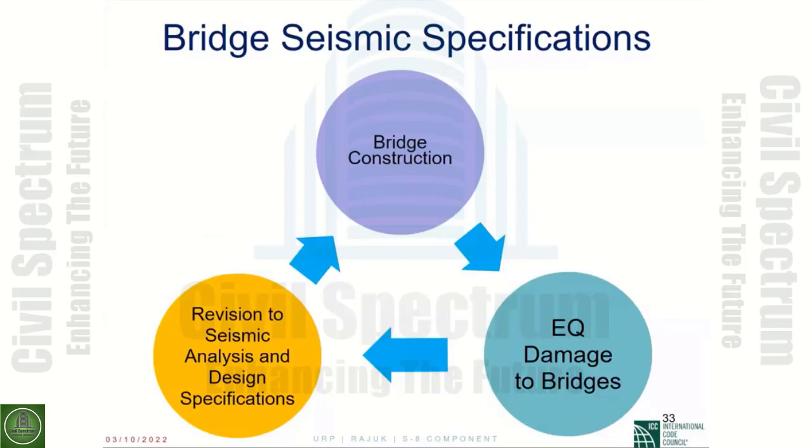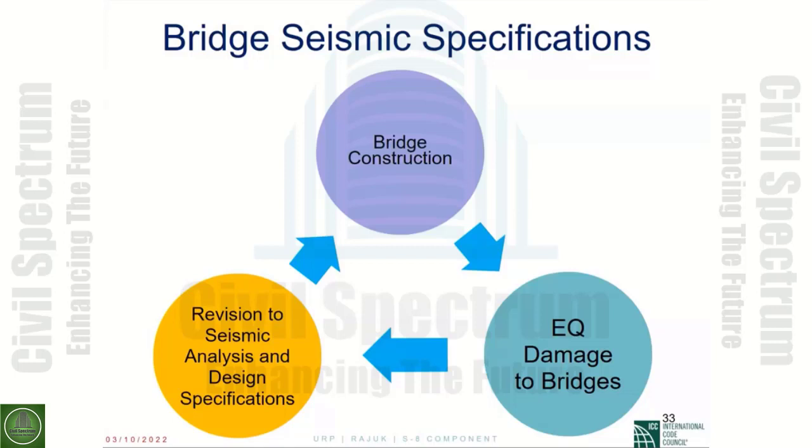We either wait for the next earthquake to come, or we do experimental testing inside the lab, and we will be able to see how these new details would behave, and we will change the construction.